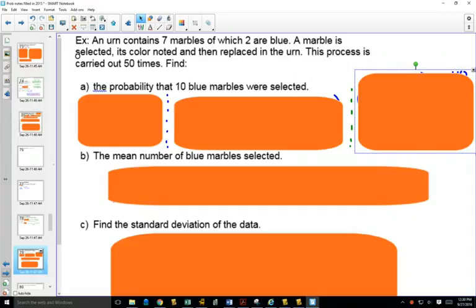So this question is very similar to our binomial questions from before. The only thing after is we've added in part B and C, finding the mean and the standard deviation. So part A is just like the first question that we did. You have 50 trials. Your probability of success is 2 out of 7.